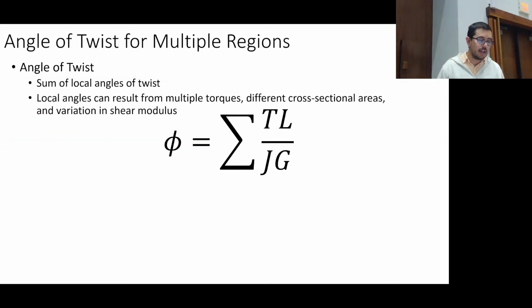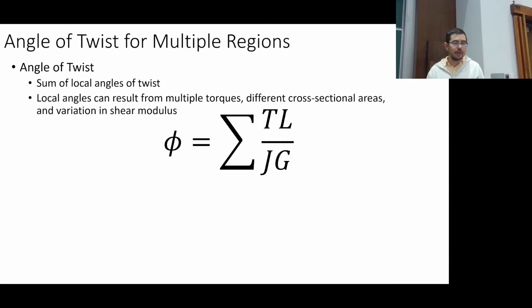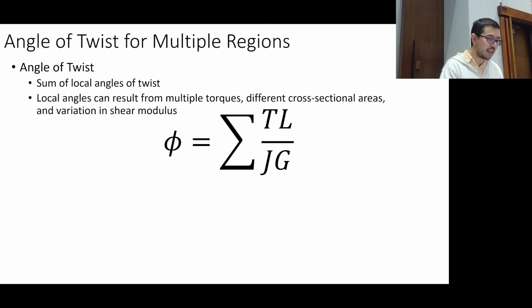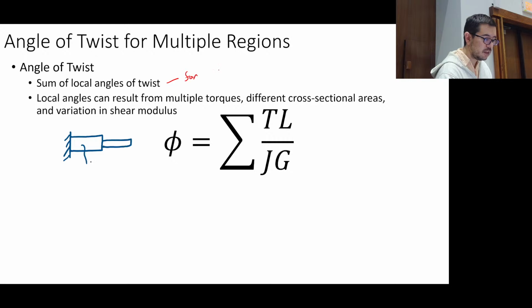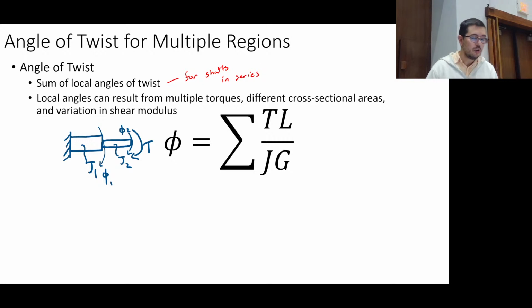All right, now, what if you have multiple regions? Well, we can say that the angle is essentially the sum of local angles of twist. I'm going to say for shafts in series. Okay.